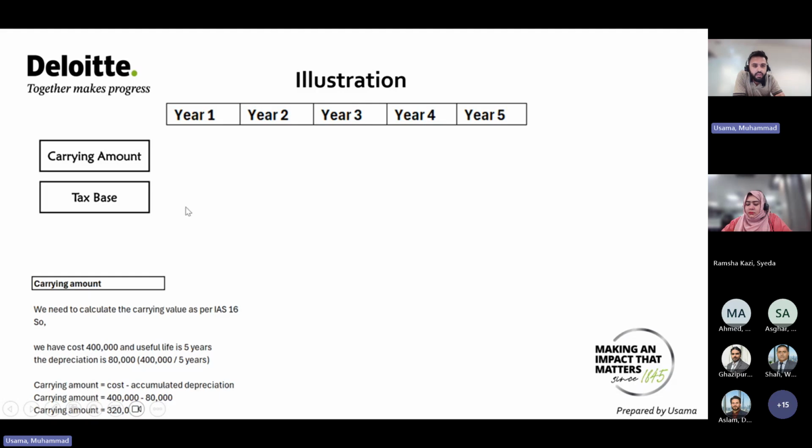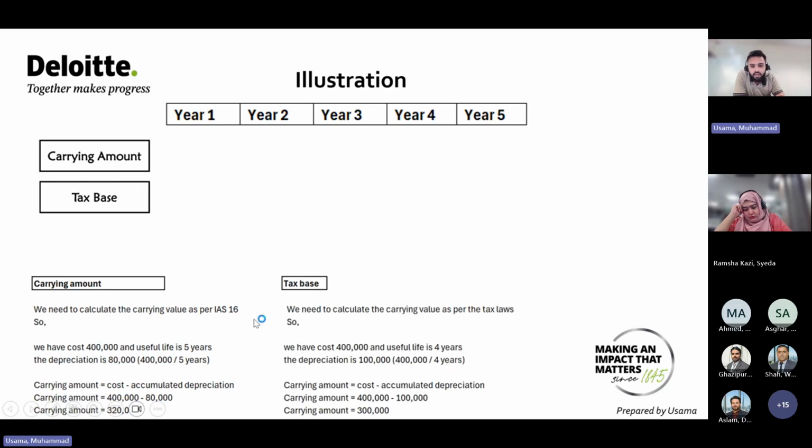I am putting here 3 lakh 20,000 above, and further we are required to compute the tax base. The tax base uses the same calculation, but with the useful life of 4 years. So the tax base would be 300,000, and the difference would be 20,000 in both.